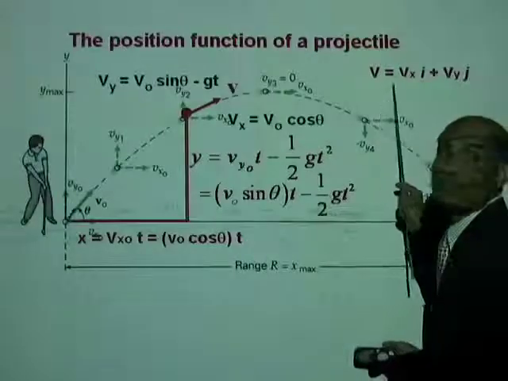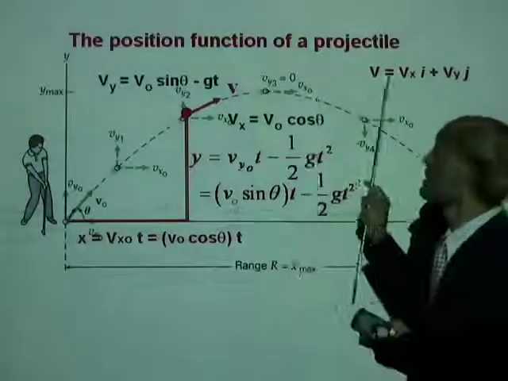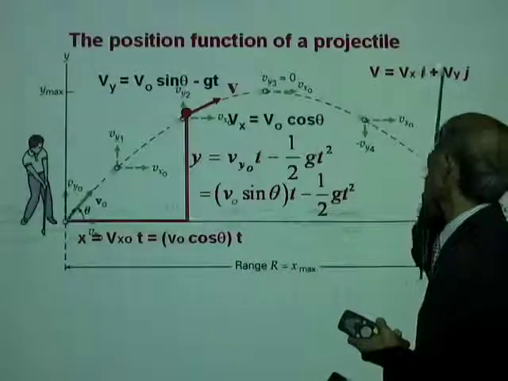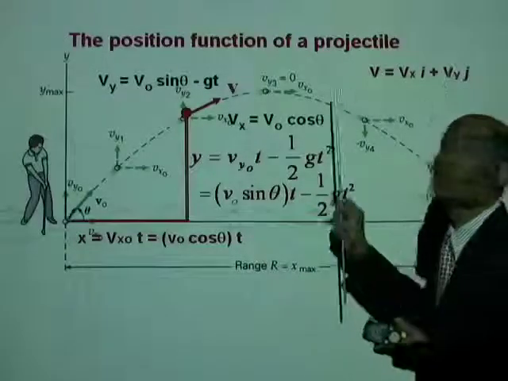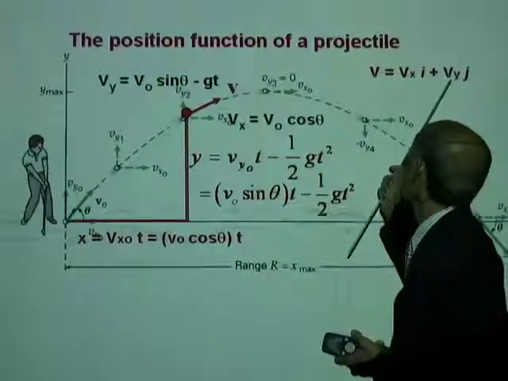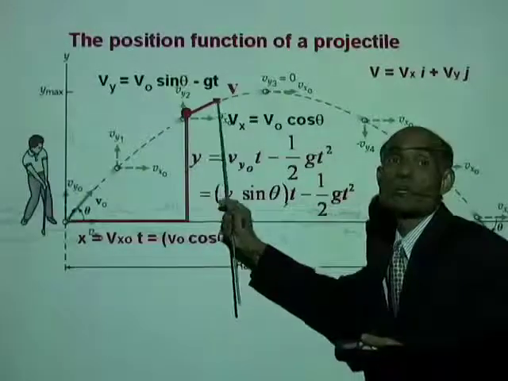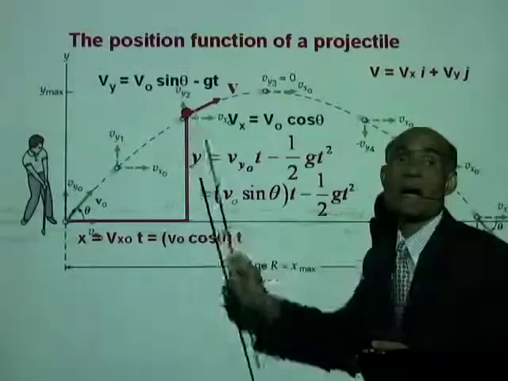This is the velocity function. This is the vector equation for the velocity. v equal to vx i plus vy j, where vx is v0 cos theta and vy at any given time will be v0 sine theta minus gt.